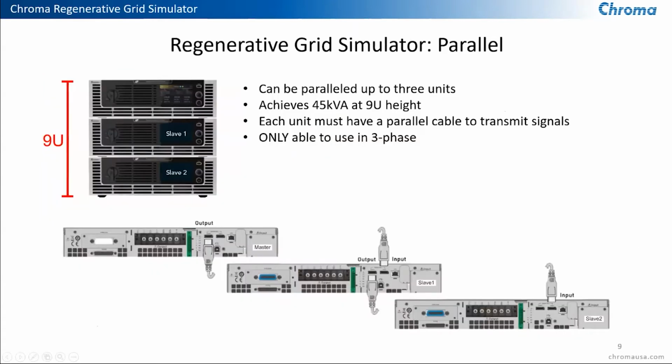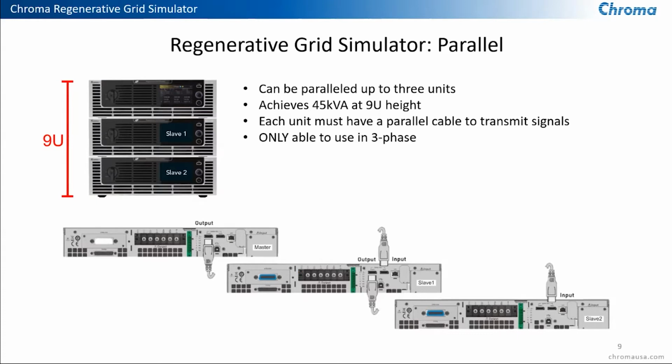Okay. And as I mentioned earlier, the regenerative grid simulator family does provide parallel output capability. Though this parallel configuration is only for 3-phase output. This feature enables the users to extend the output power by connecting up to 3 units in parallel configuration.